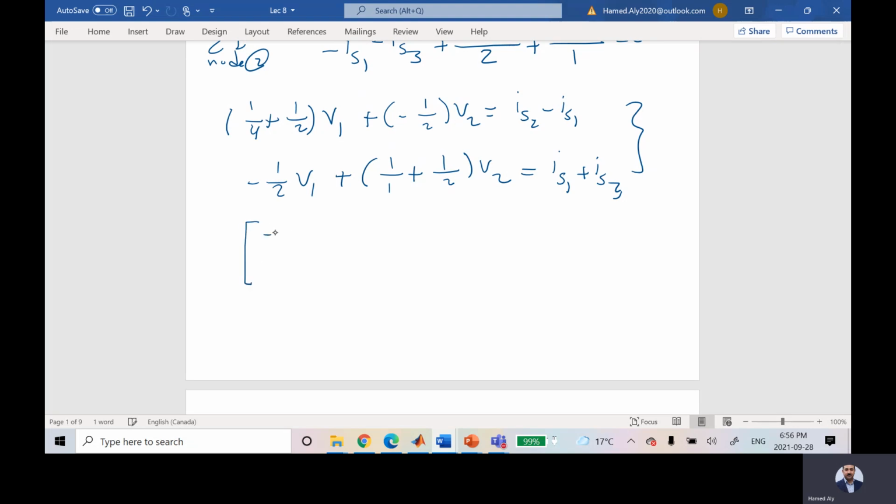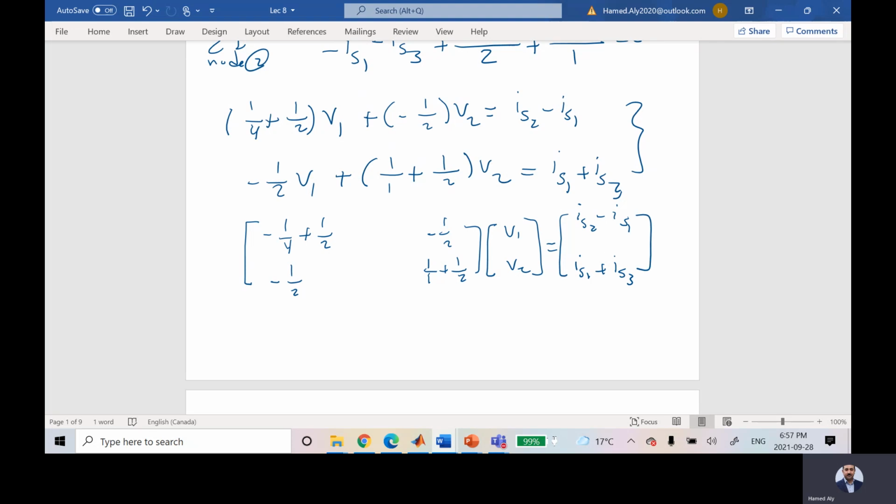This matrix has 1 over 4 plus half, and I have negative half, and here negative half, and this guy is 1 over 1 plus half. This is multiplied by V1 and V2, and this is equal to IS2 minus IS1, and for this one I have IS1 plus IS3.